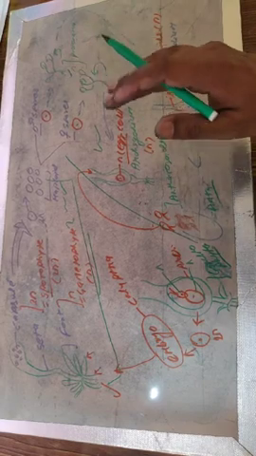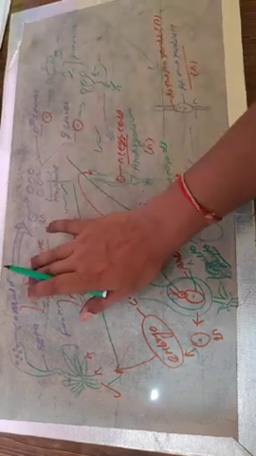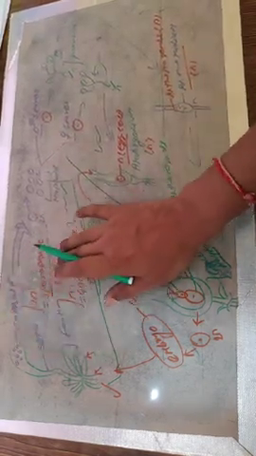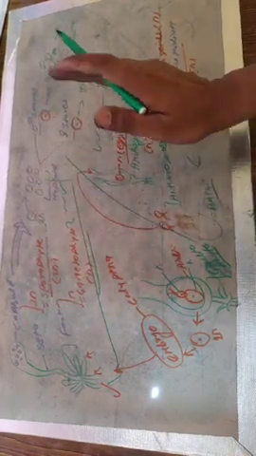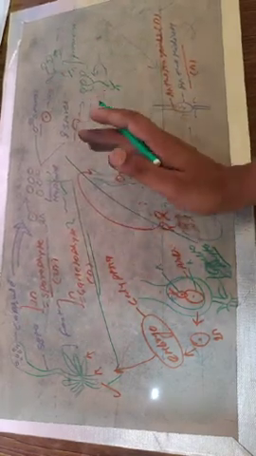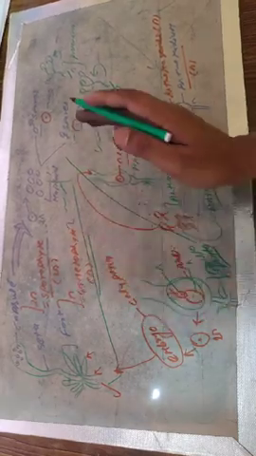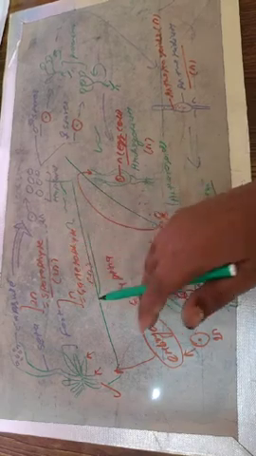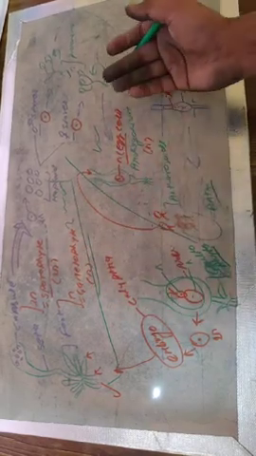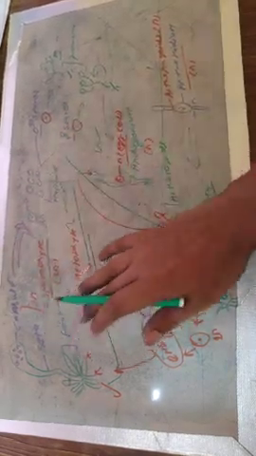The first stage of the life cycle is diploid and the intermediate stage is haploid. In this way the haploid and diploid stages come one after another.